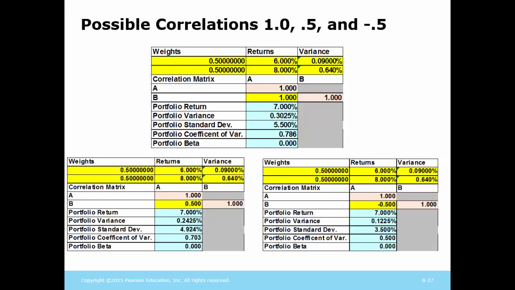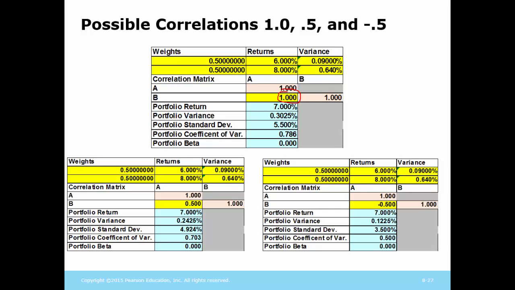To calculate variance, since standard deviation is the square root of variance, I took 3% and squared it. That gives me variance. In this first instance, we're going to say that the correlation is 1.0, that they're perfectly positively correlated. If you do this, the expected rate of return is 7, standard deviation is 5.5, and portfolio coefficient of variation is 0.786.